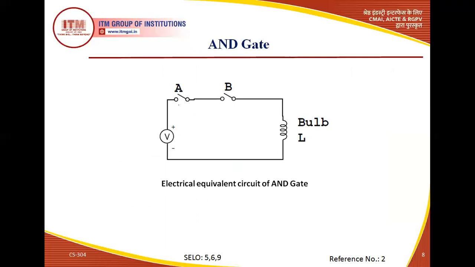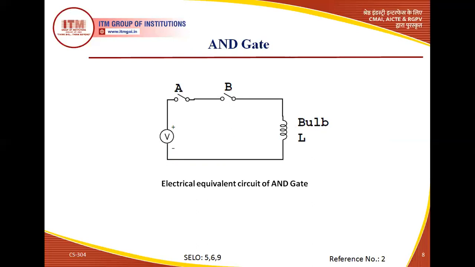If both the switches are open, that means A and B are 0 0, we do not get the output, that means the bulb does not glow. Similarly, if A equals 1, so the A switch is closed and B is open, the complete path is not established and the bulb does not glow. That means the output is low.